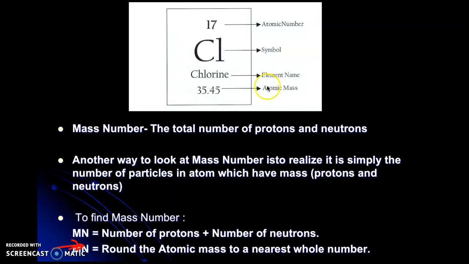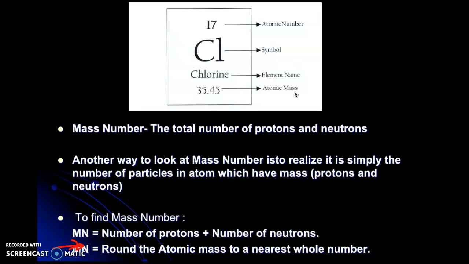So the mass number for chlorine, when you round 35.45 to the nearest whole number, is going to be 35. So now when you look at the bottom here to find mass number, there are 2 ways to go about it, and I want you to try and understand each one of these. Just realize mass number is the total number of protons and neutrons. And the second way that you can get the mass number is to round the atomic mass to the nearest whole number. All right.